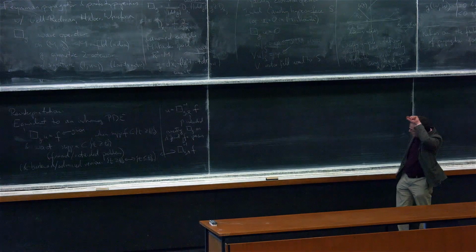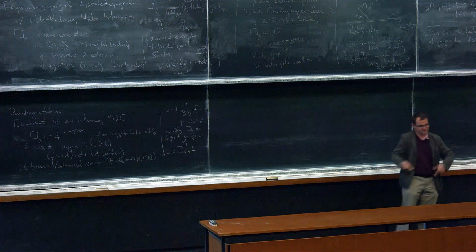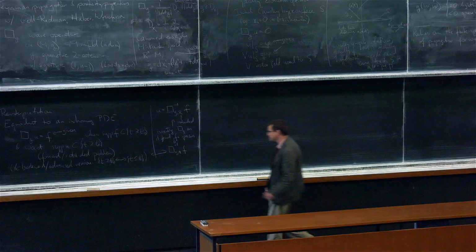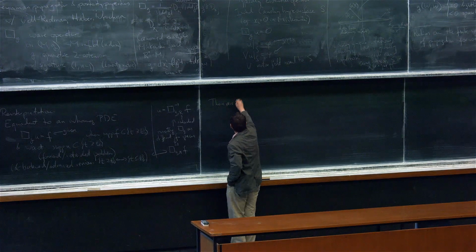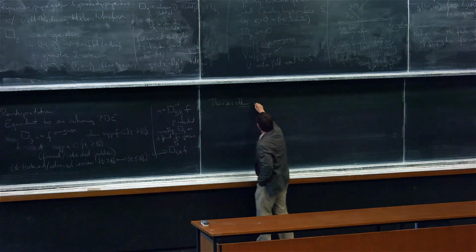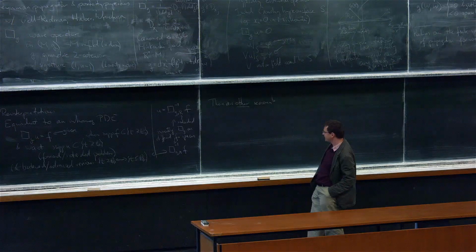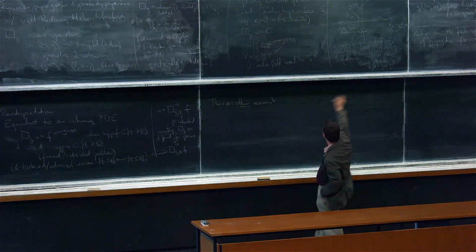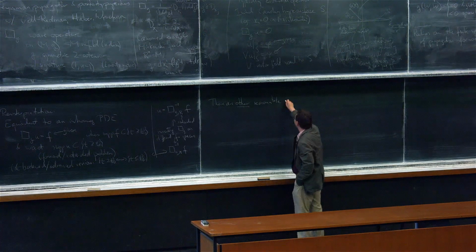Then a reasonable question is, are these the only two reasonable inverses? The answer is no. There are other reasonable inverses. But you have a global time? Yes, I'm assuming global hyperbolicity. So there are other reasonable inverses.